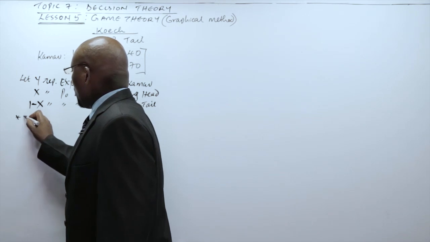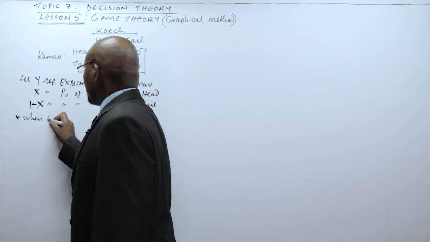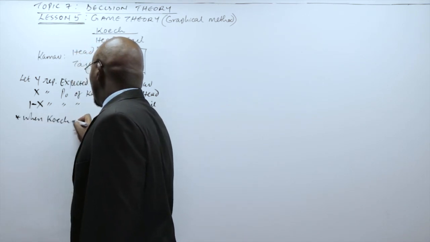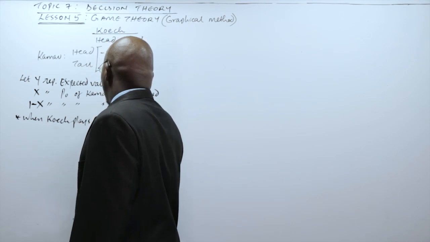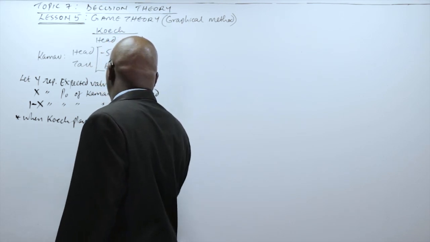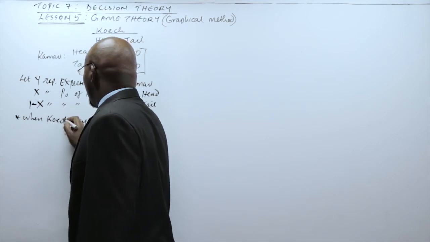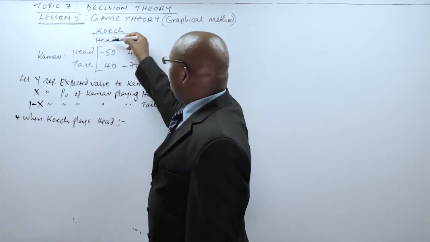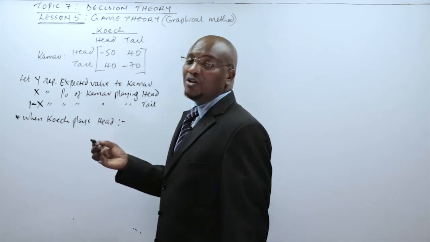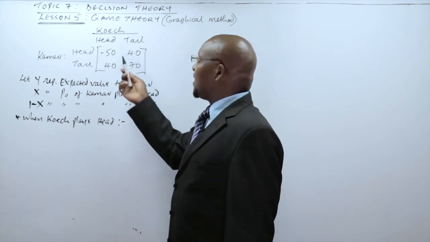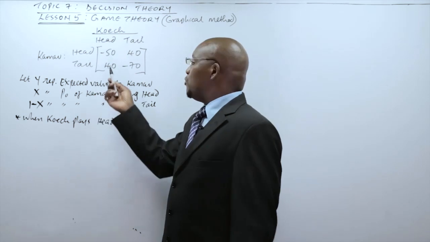This is when Koech plays head. Look at Koech now, playing head. The values for Kamau are either minus 50 or 40.